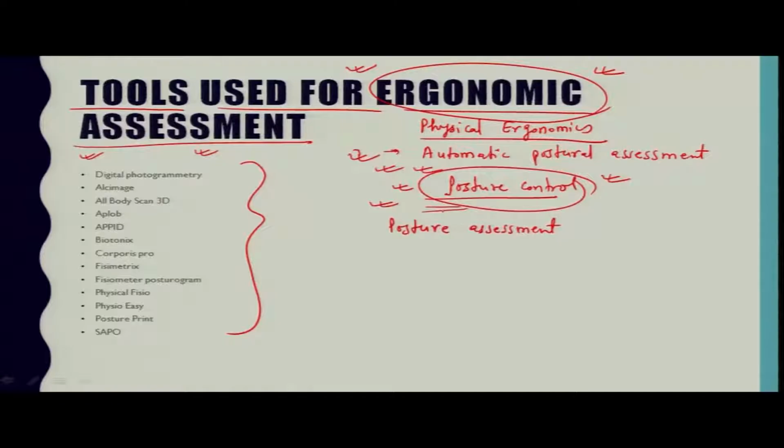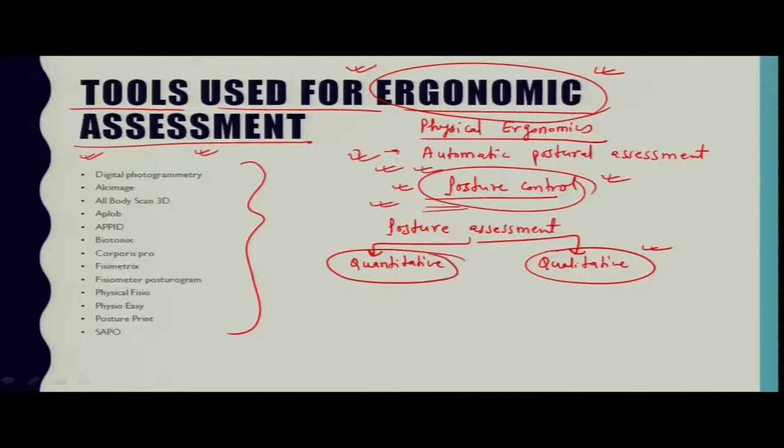So efforts are made to recognize the early postural problems, and this particular posture assessment can be done in two ways: on a quantitative basis and on a qualitative basis. The qualitative assessment is less expensive, whereas the quantitative assessment requires the use of computers.